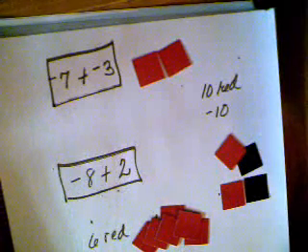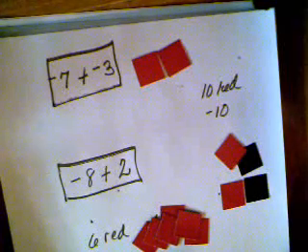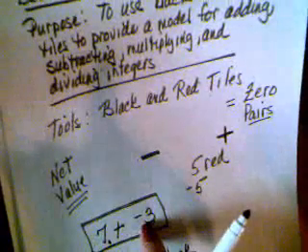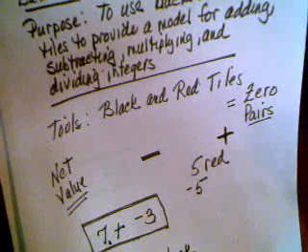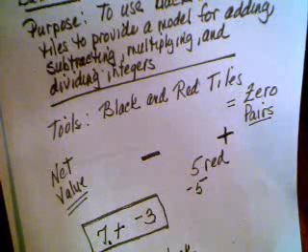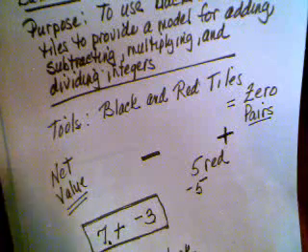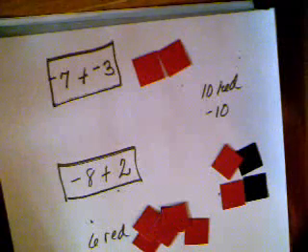At no time have I given you a rule to use. It's very important that you allow your students time to do these problems before you start throwing rules at them. If you allow them to do enough of these using the manipulatives, they are going to develop the rules on their own.